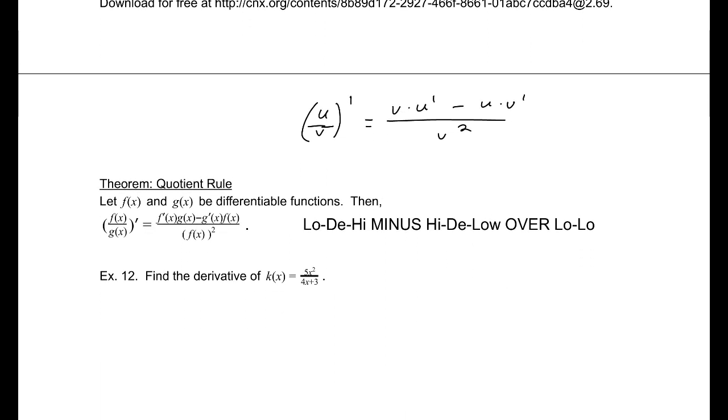So in our case, this would be u, and this would be v. So 5x squared divided by 4x plus 3. So for our derivative, k prime of x, all right, low d high would be 4x plus 3. Derivative of the numerator there is 10x, so times 10x, minus high d low, so 5x squared.